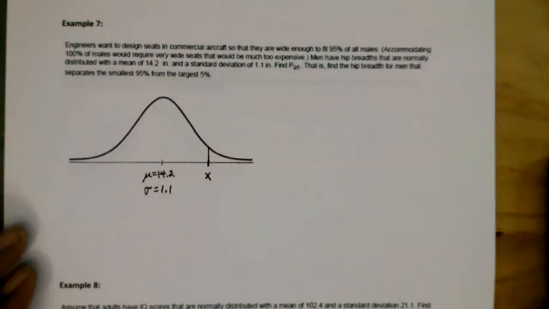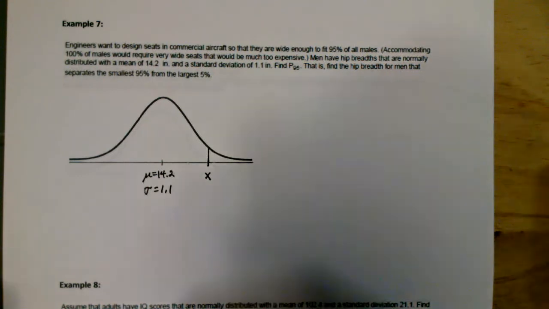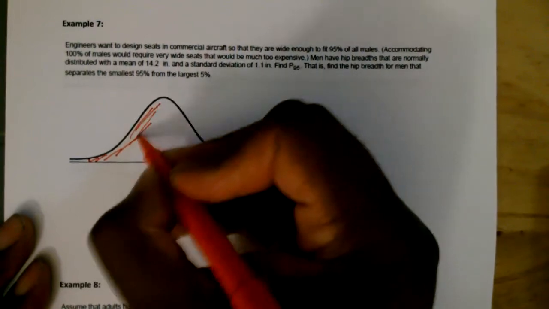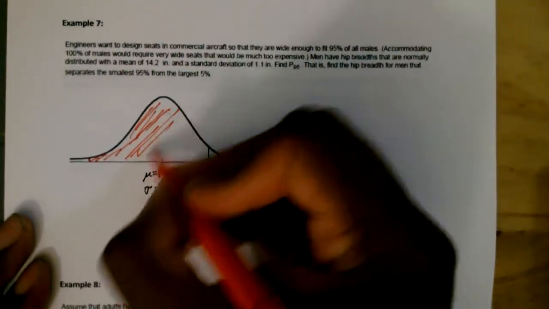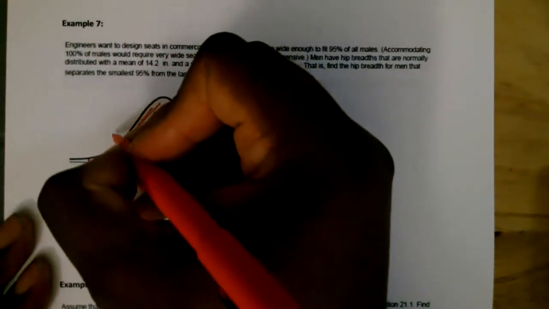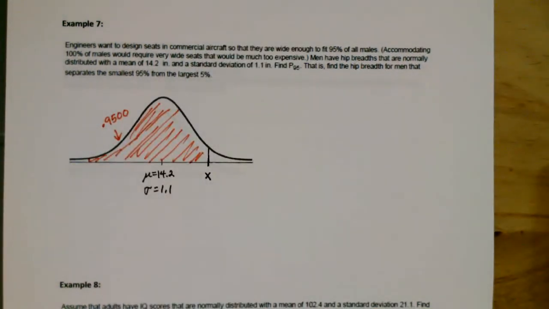So if I draw my boundary line, I'm looking for the bottom, or the smallest, 95%. That's a shaded area right here that I want. And in this case, it is 0.9500. If you recall, 95% as a decimal will be 0.95. And since I'm dealing with a table with 4 decimal places, I'm going to put 2 zeros behind it.